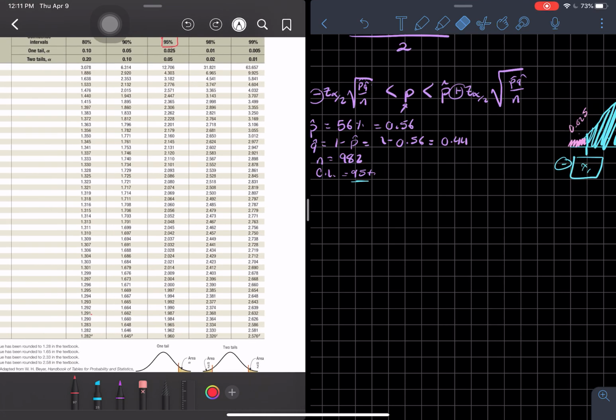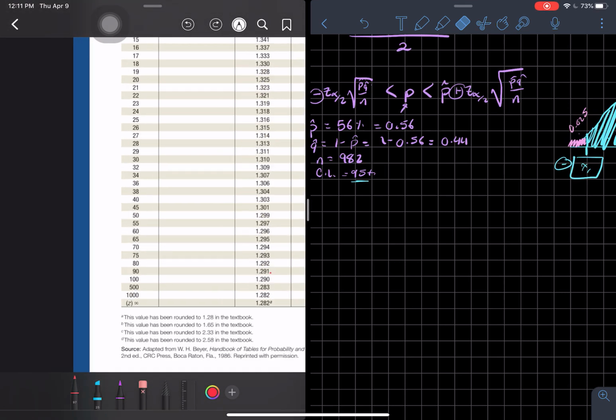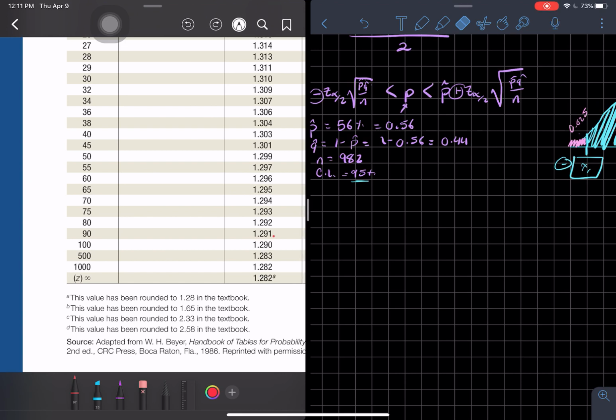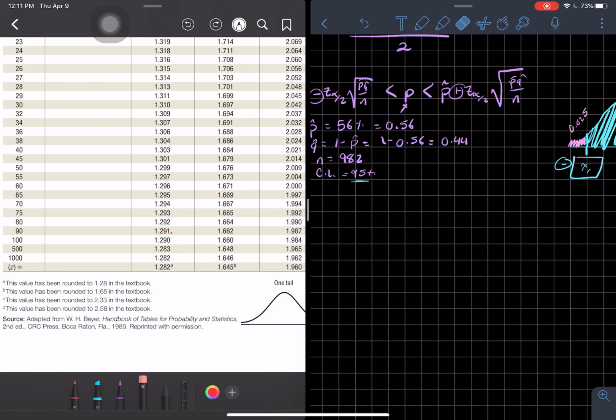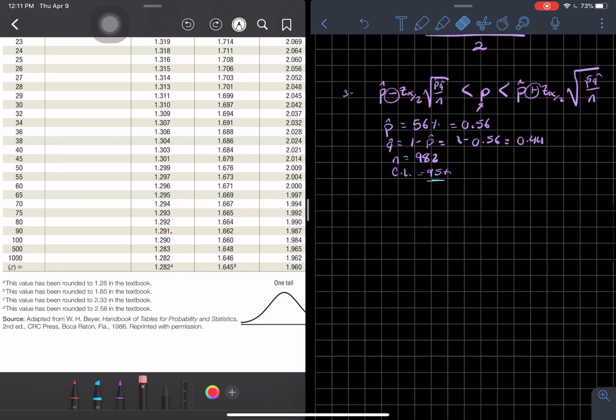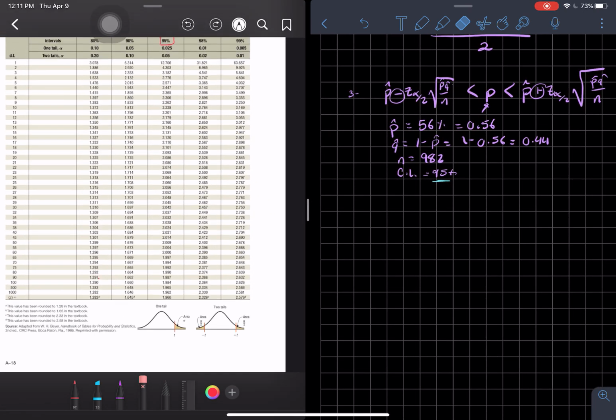So let's look at the bottom. See how it says Z, infinity? Well, we don't really have infinity, but we are pretty close to a normal distribution because we have such a high sample size.